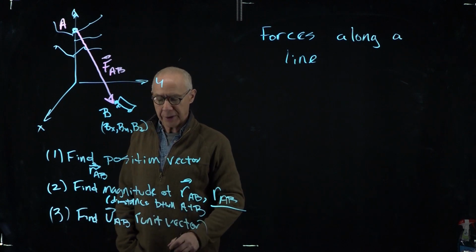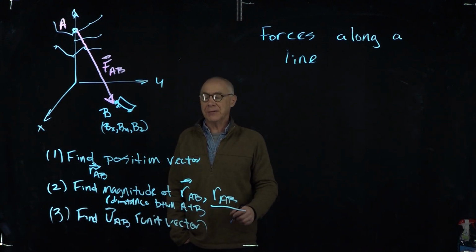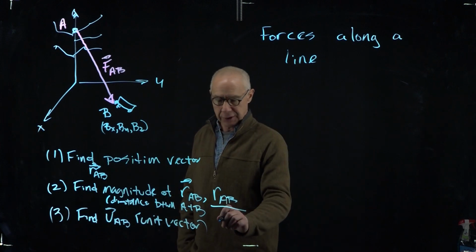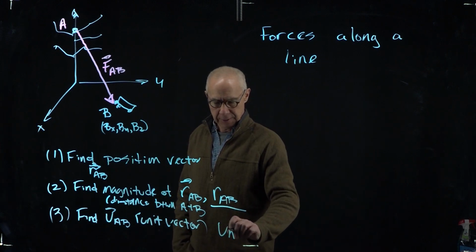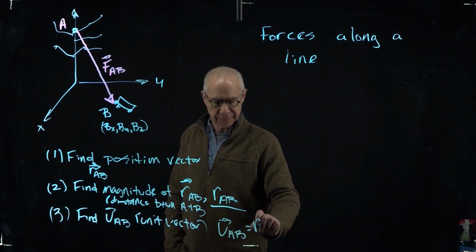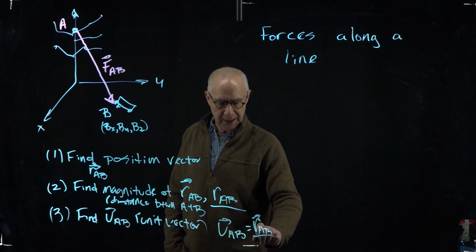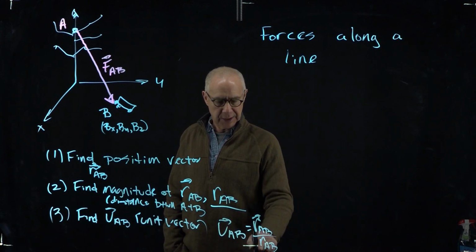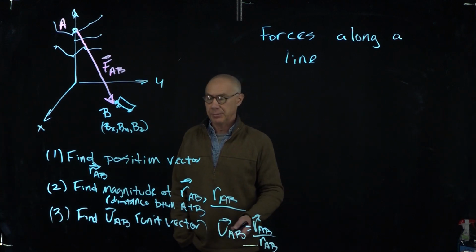And we should know, because we just talked about this previously, that unit vector UAB is simply equal to our position vector RAB divided by the magnitude of RAB, or the distance between A and B.